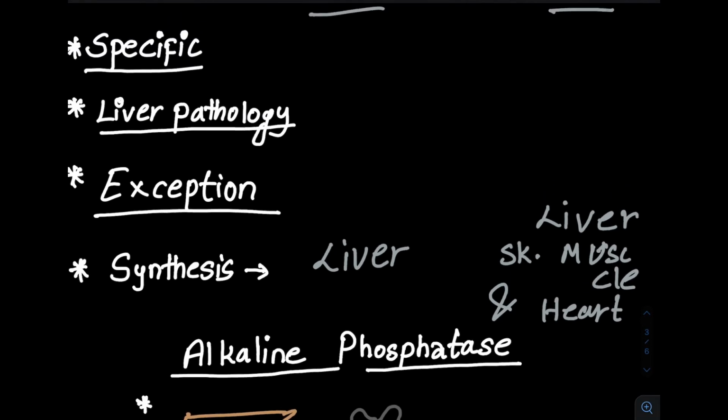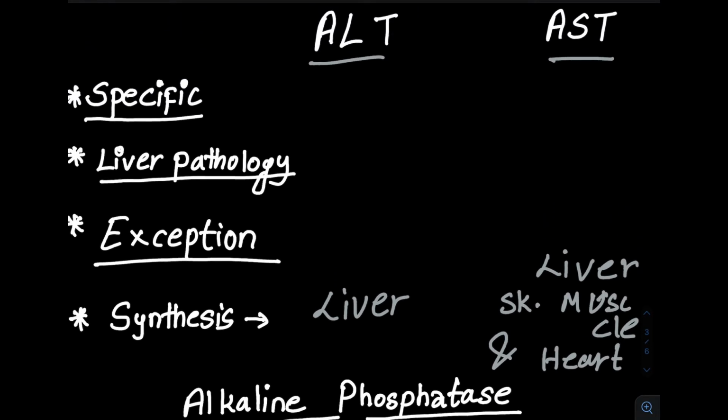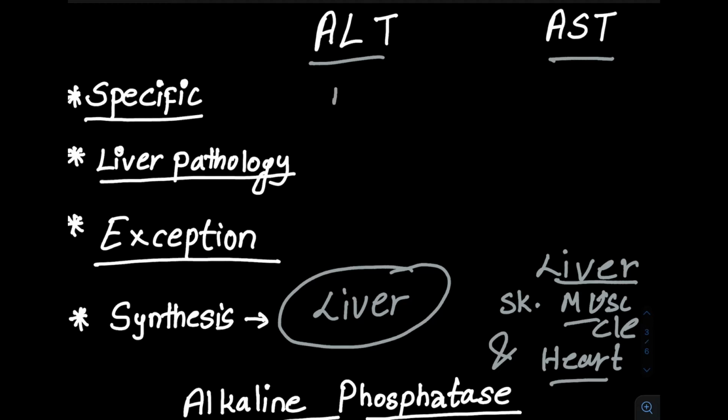Since AST is synthesized in other areas as well, not just in the liver but also in the skeletal muscle and heart, whereas ALT is synthesized only in the liver, this makes ALT more specific for hepatic diseases. AST can also rise in other non-hepatic diseases like rhabdomyolysis, in which there is the breakdown of the muscle cell.